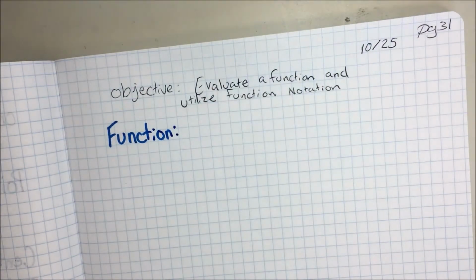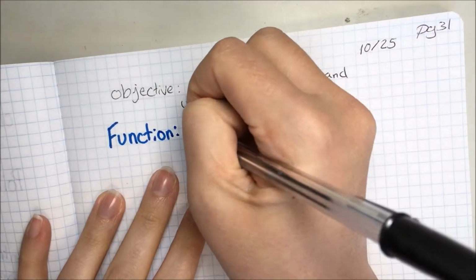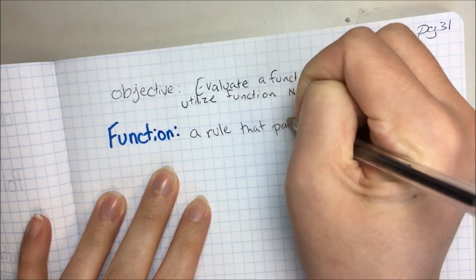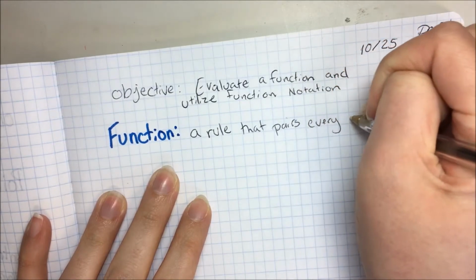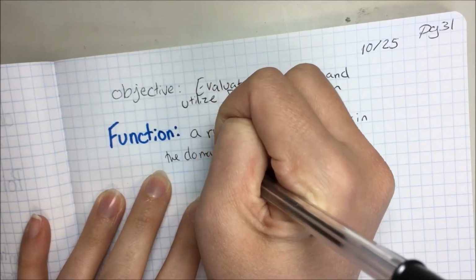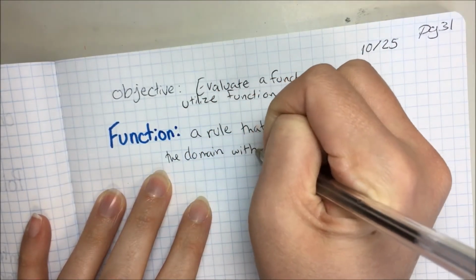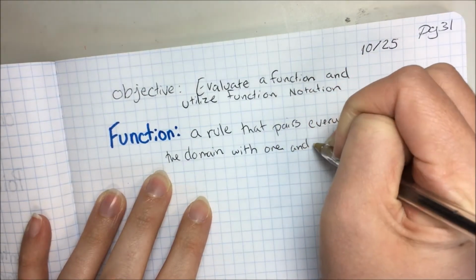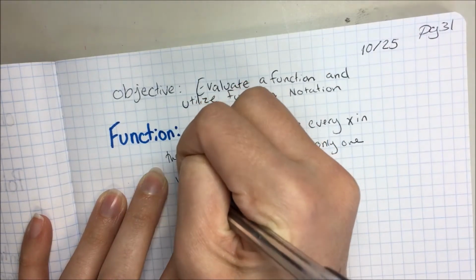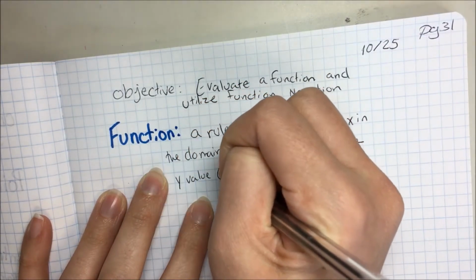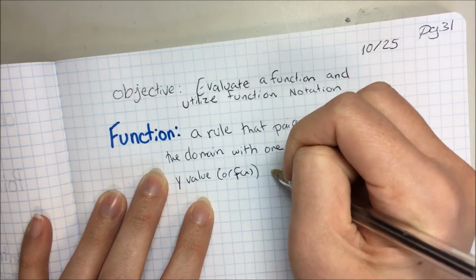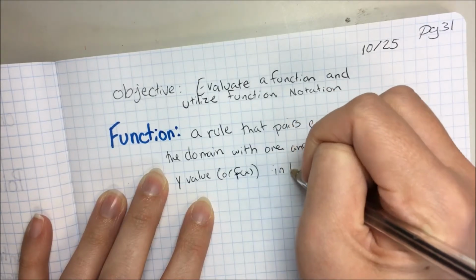A function is a rule that pairs every x in the domain with one and only one y value, or f of x value, in the range.